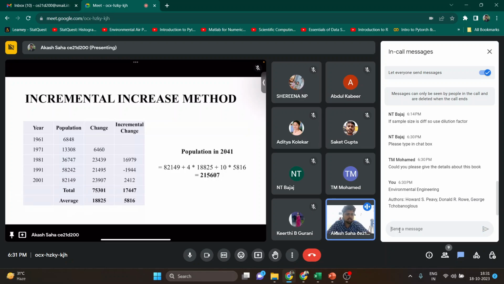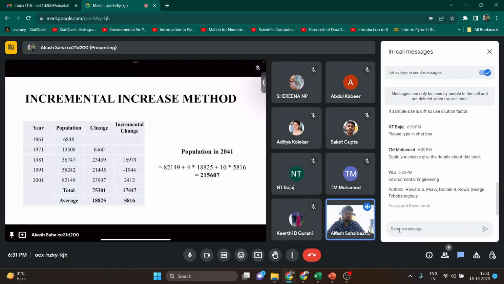These are the authors. So people call it the PV and Rowe book. This is the common term. Anyone saying PV and Rowe book means this book, Environmental Engineering. PV and Rowe are the two authors of this book.